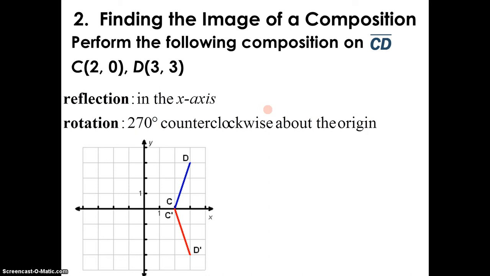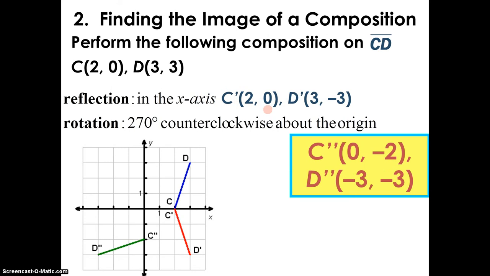And then I'm going to rotate it 270 degrees counterclockwise about the origin. And remember, 270 degrees counterclockwise is the exact same thing as going 90 degrees clockwise. So when I do that rotation, first of all, we have to label them double prime, C double prime, D double prime. C double prime is 0, -2, and D double prime is -3, -3.